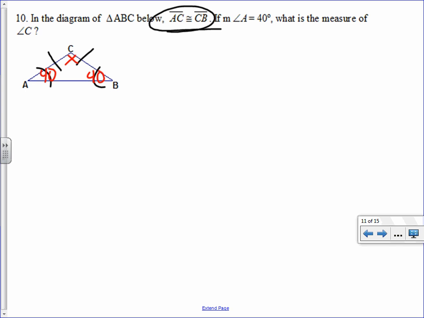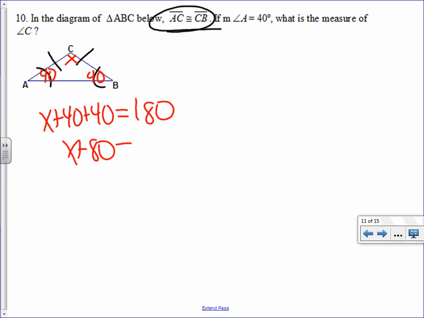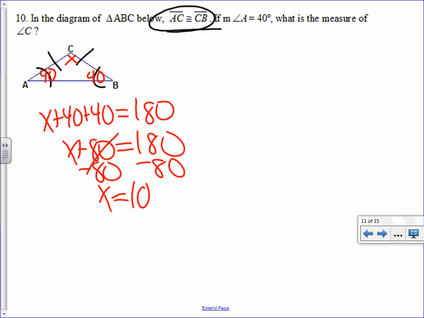Now that you have the 3 angles of a triangle, we add them to equal 180. X equals 100. I put an X in what I was trying to find. So angle C equals 100.